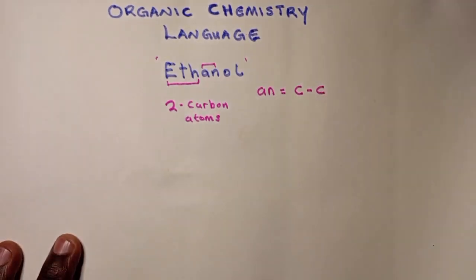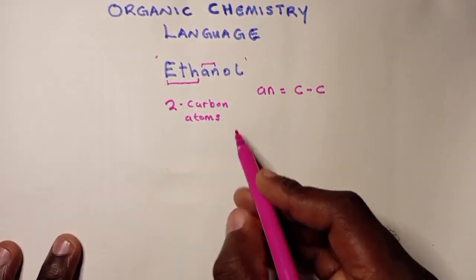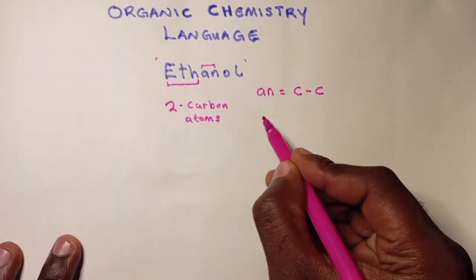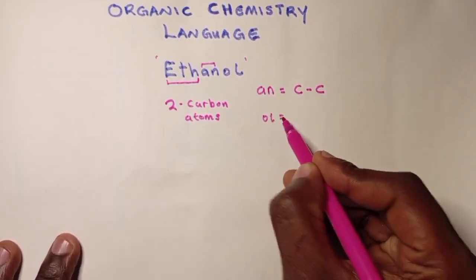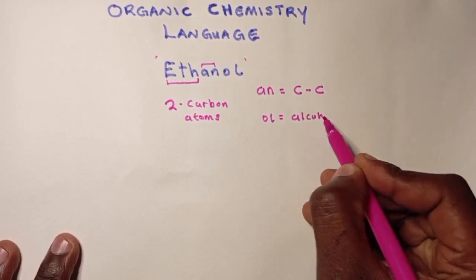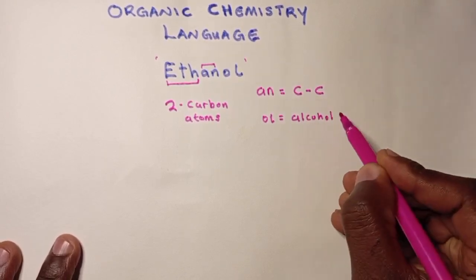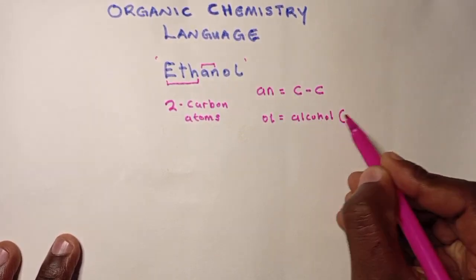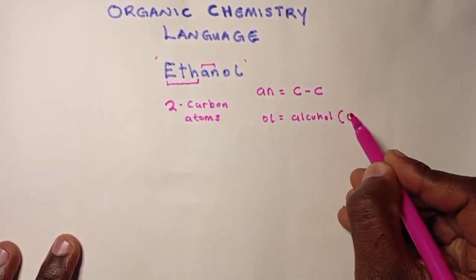So already I'm even seeing the structure here. Then the OL tells me that it belongs to a group called the alcohols. And the alcohols have a functional group of OH.